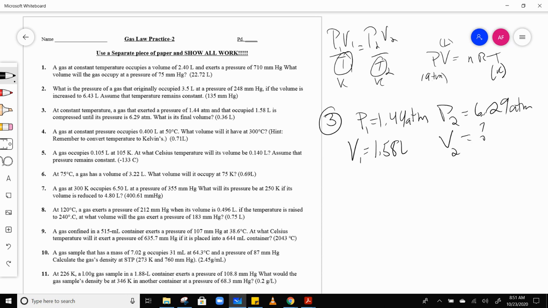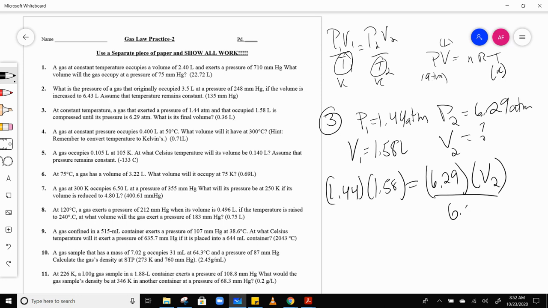So again, P1V1 equals P2V2. 1.44 times 1.58 equals 6.29 times V2. Solve for V2, so divide by 6.29.